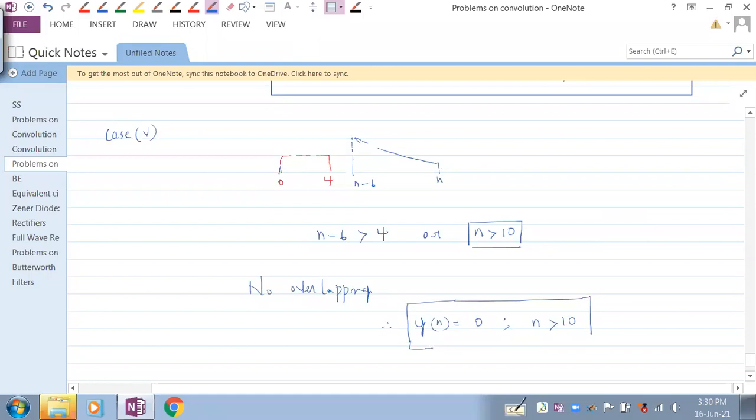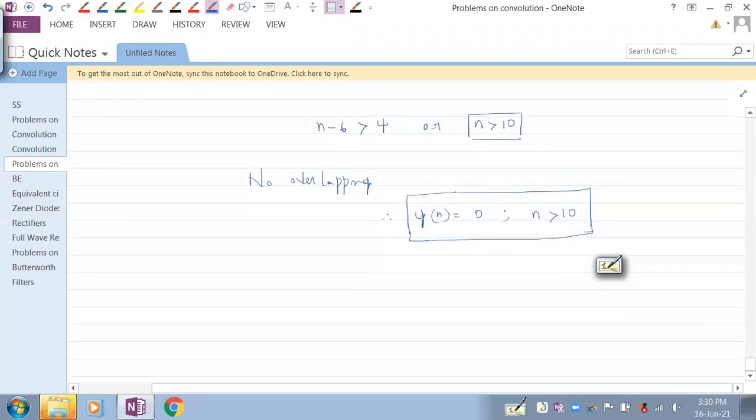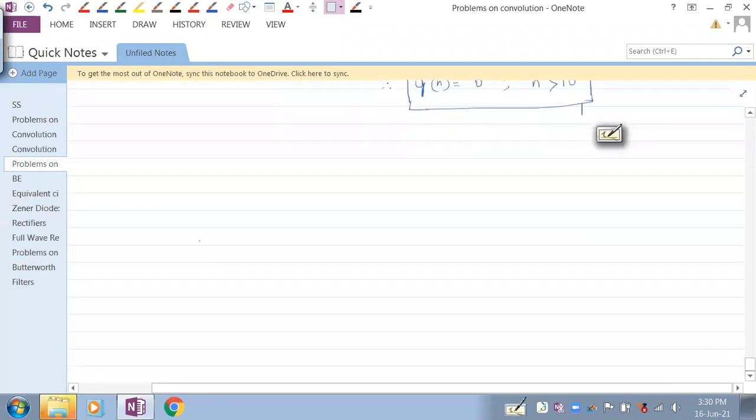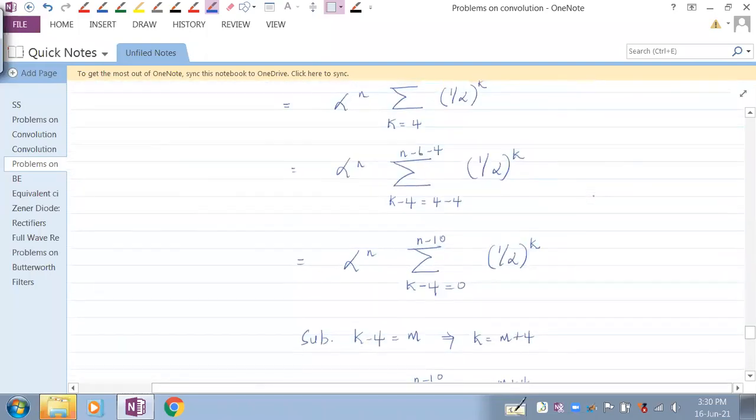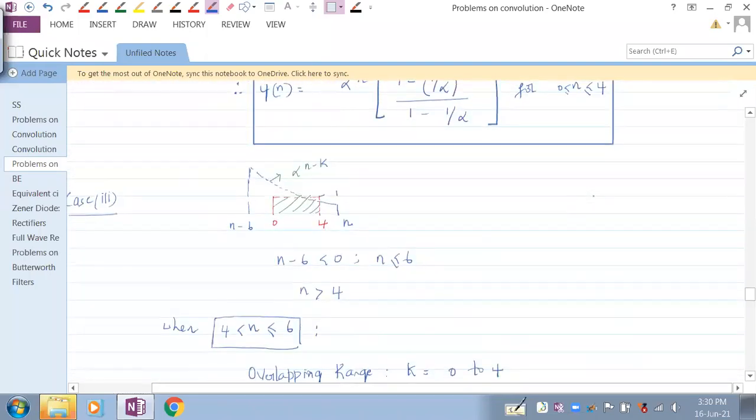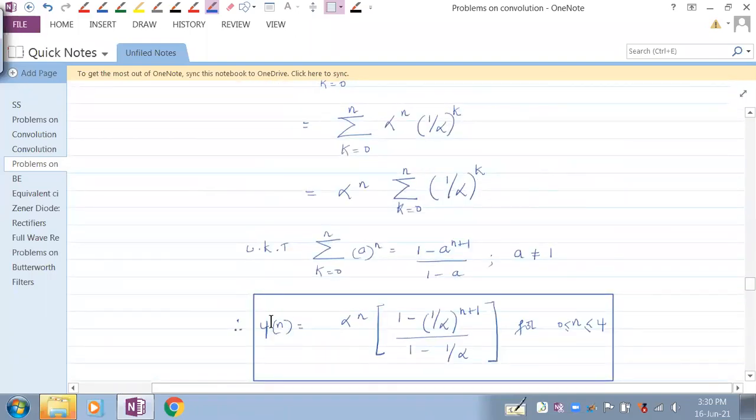And we have to summarize this. If you see the summary, you will understand what we have done so far. Okay, so let's see the summary. The summary itself takes a lot of space. y of n is 0 for n less than 0. Fine. Then let's go on copying this, then this for 0 to n minus 4.